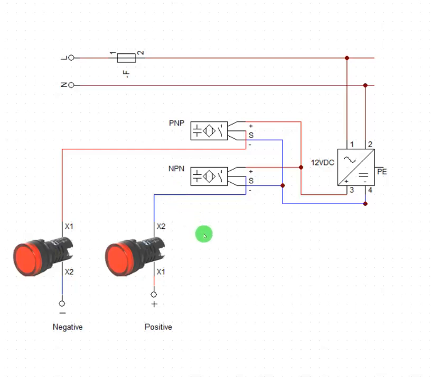Now let me show you the polarity. When I say polarity, you must understand it. Let me change this. Let me swap this terminal and change it to positive. You can see that this is positive, and I also have positive here, so it cannot work. Let's try and see.